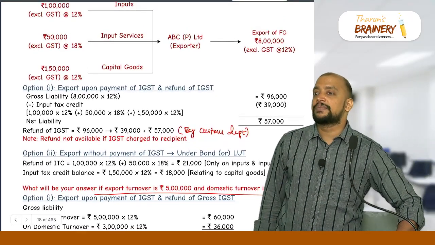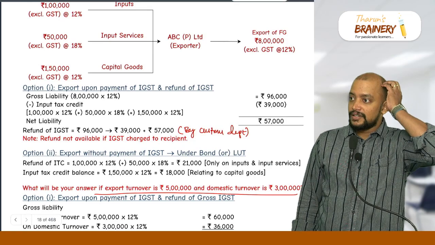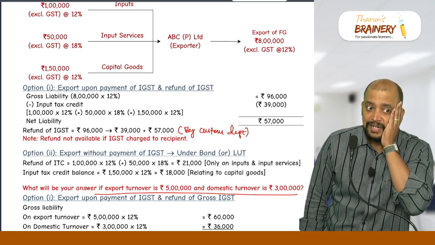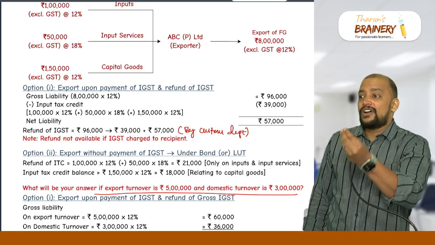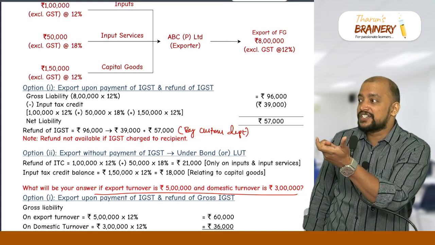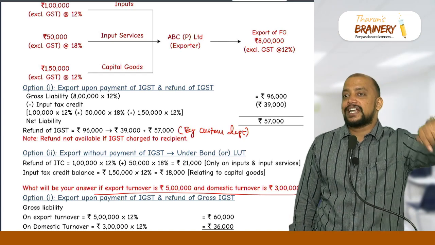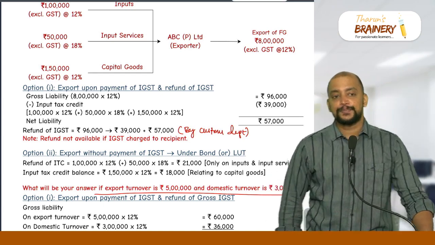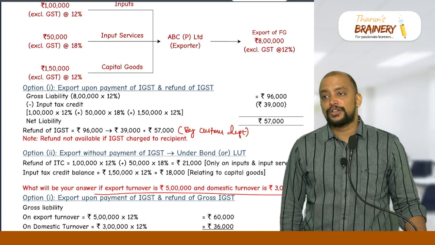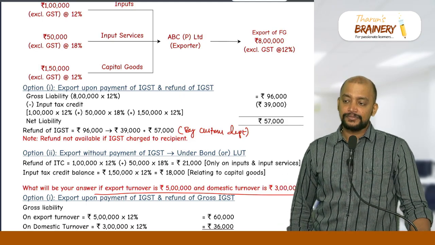Now what is the gross liability? Gross liability same, because that 8 lakhs only we have divided as domestic and export. So write down gross liability, below that domestic, in brackets.